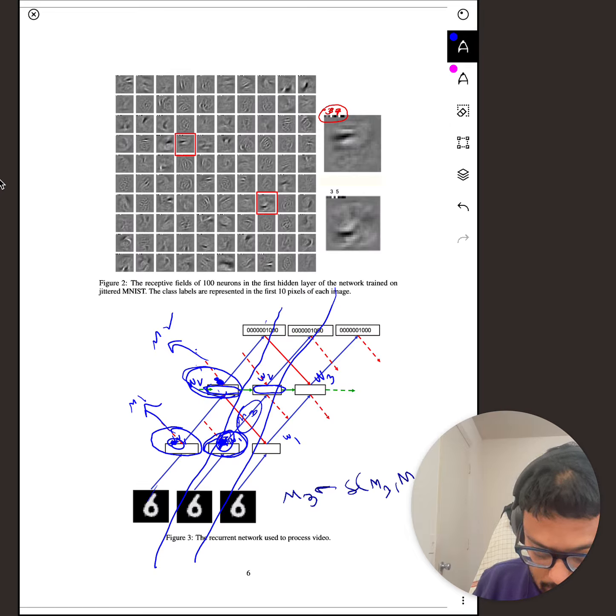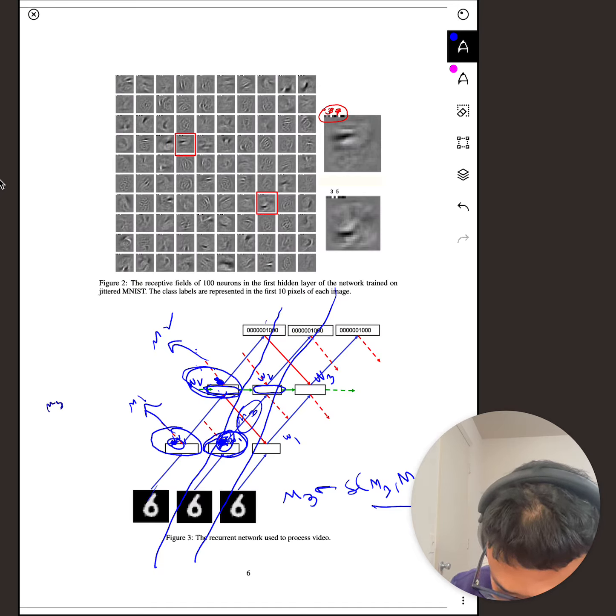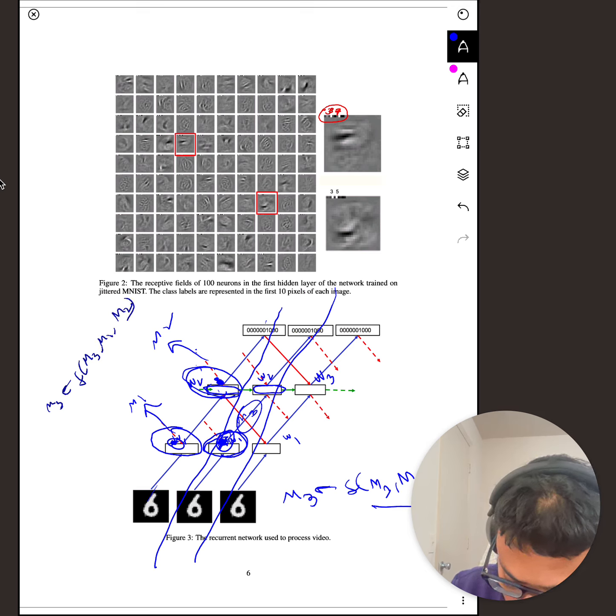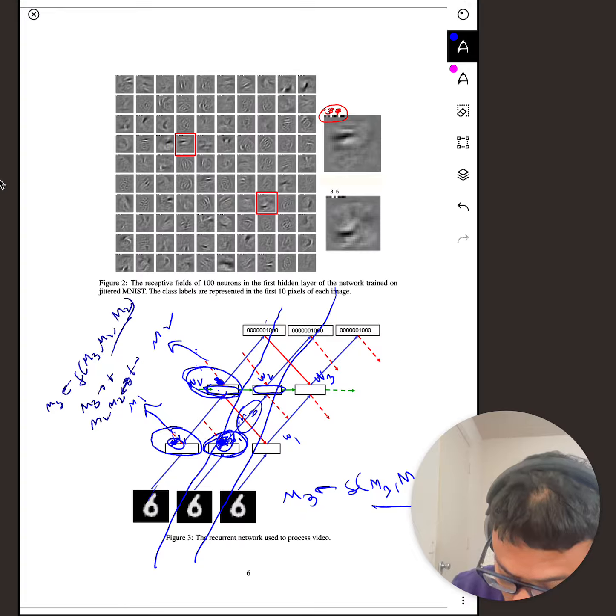Okay, so here m3 is updated as a function of m3, m1, m2, where m3 is computed at time step t, and m1 and m2 are computed at time step t minus 1.